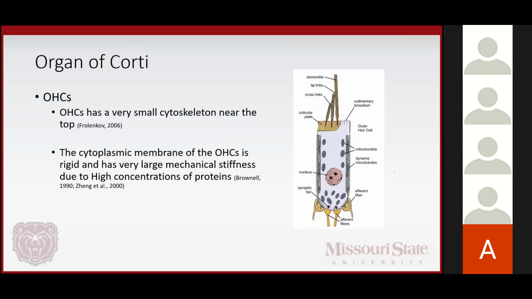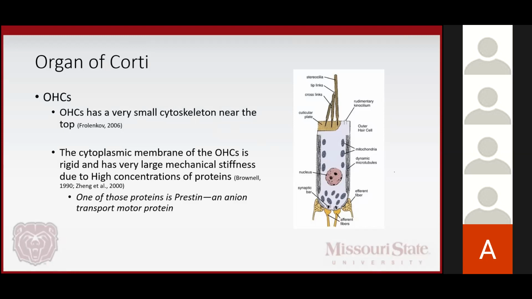And it is important, if they're going to contract and elongate, that their structure allows them to do that. So they shouldn't be bending, or they shouldn't have a cytoskeleton that will prevent them from changing their length.